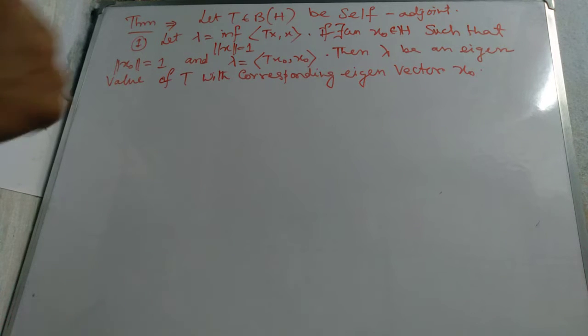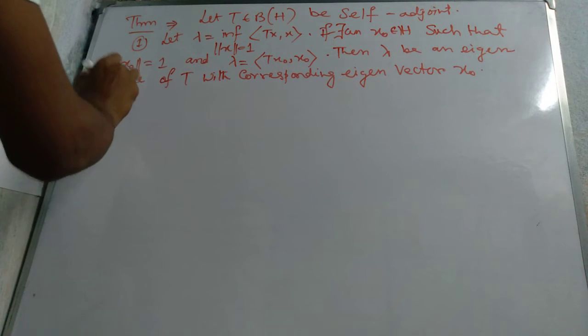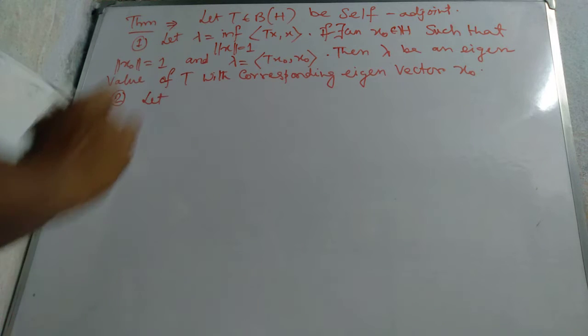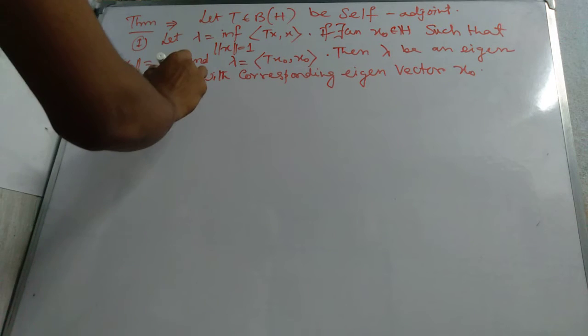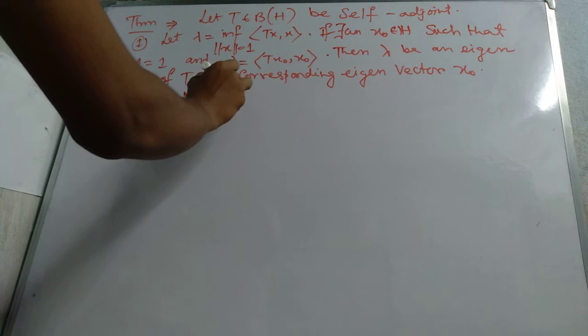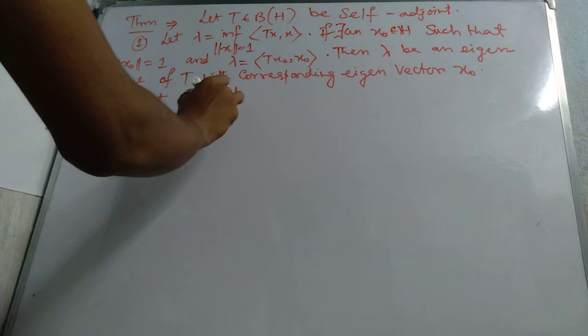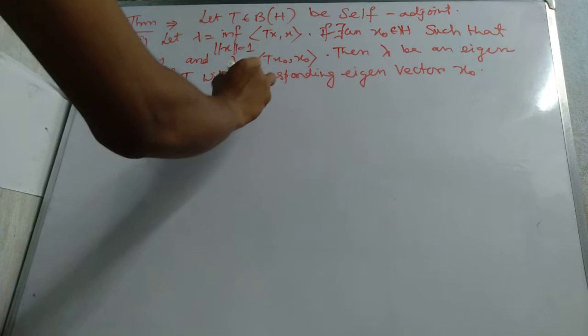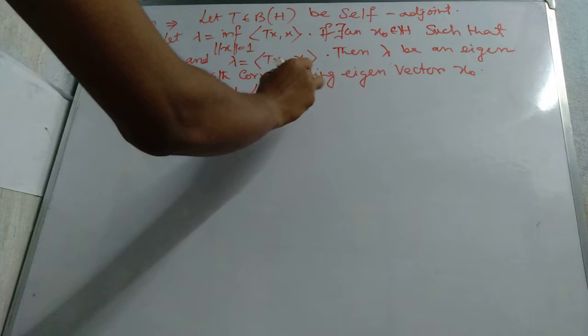Now we also write the next part. Let mu equal the supremum over norm x equal to 1 of the inner product of Tx, x.